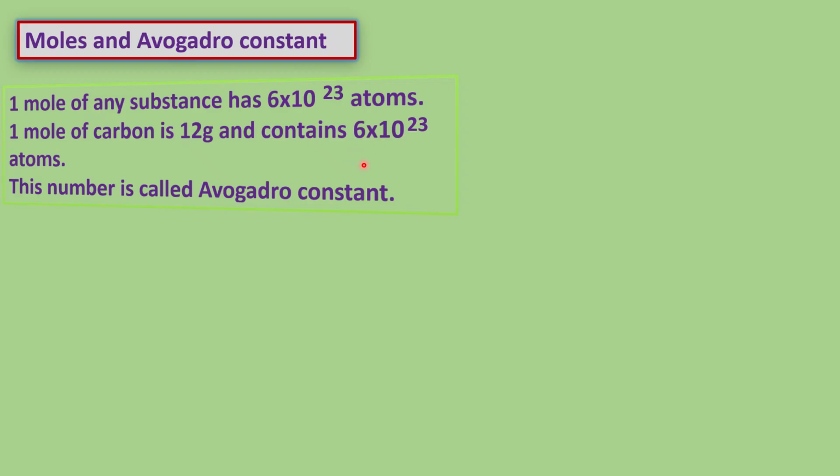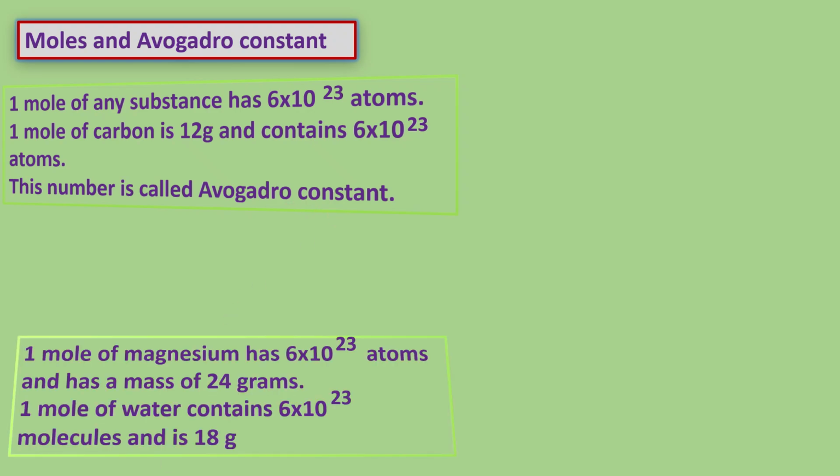This number, 6 times 10 to the power 23, is called Avogadro's number or Avogadro's constant. 1 mole of magnesium has 6 times 10 to the power 23 atoms, and the mole equals 24 grams. 1 mole of water contains 6 times 10 to the power 23 molecules, and its mass is 18 grams.